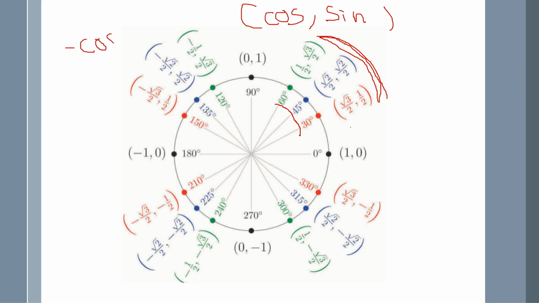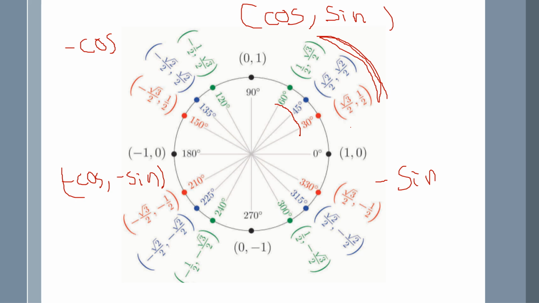So cosine is negative in quadrant 2. In quadrant 3, both cosine and sine are negative. And in quadrant 4, sine is the only one that's negative.